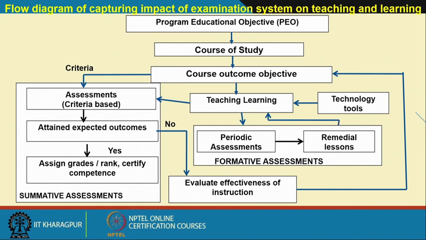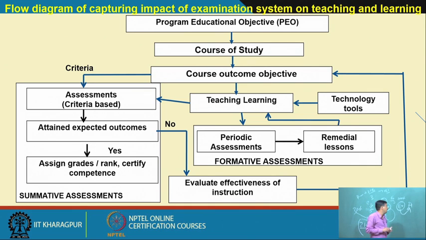So, the purpose of assessment and evaluation is to reinforce the teaching and learning. There is a feedback loop we should work with which reinforces the teaching and learning. There are two kinds of assessments, one called criteria based, another called norm reference. I am discussing the criteria based.